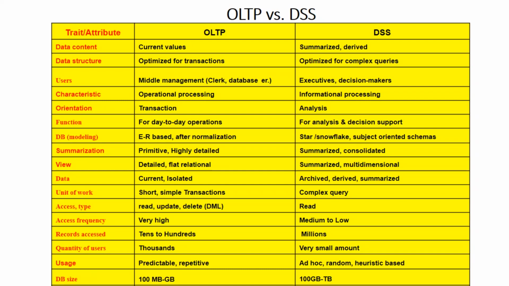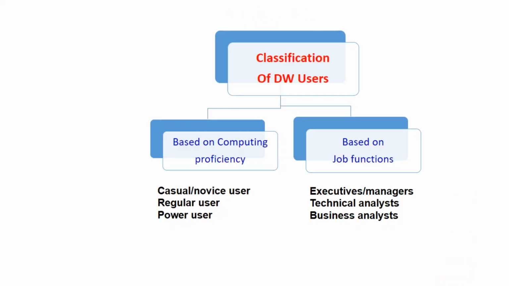We'll be studying this multi-dimensional model as a separate chapter, where you use star schema, snowflake schema, are you getting it? Constellation schema, and so on. So this is a comparison. Data by size: in the case of OLTP, it's megabyte to gigabyte, but here it is gigabyte to terabyte, even petabytes.